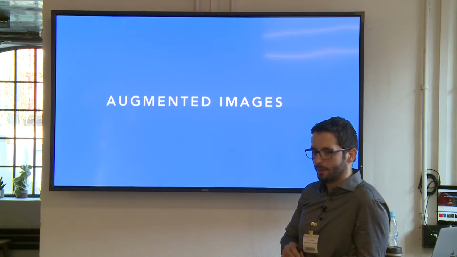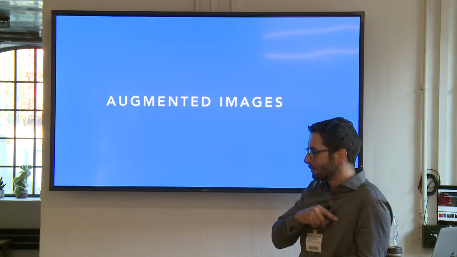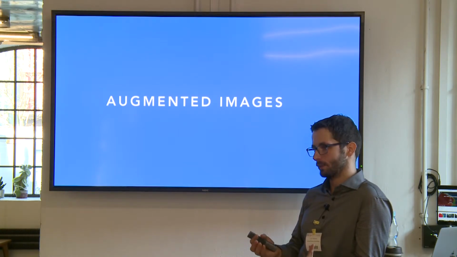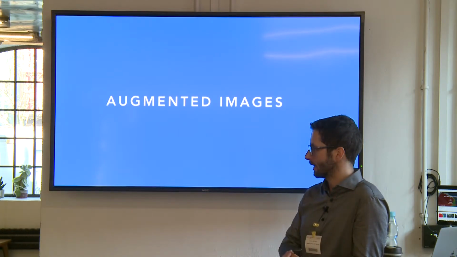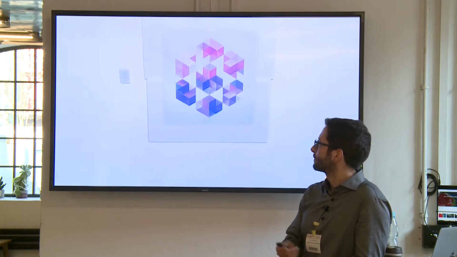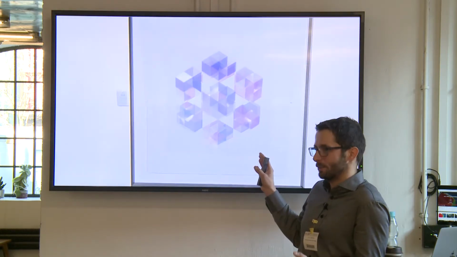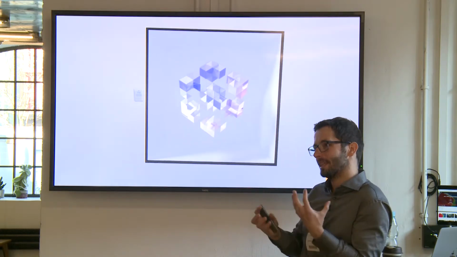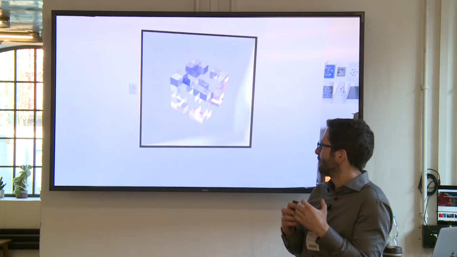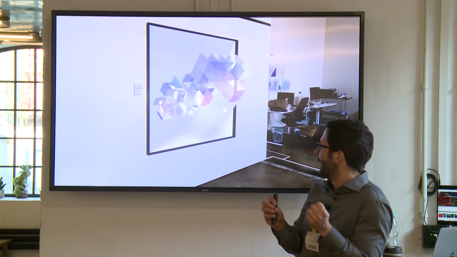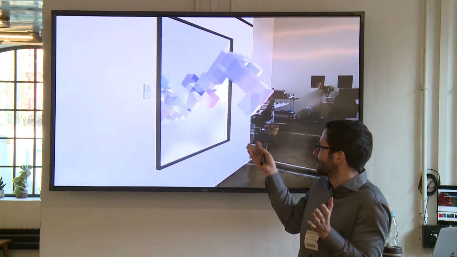Okay, a little bit about augmented images, because I was worried that it would not work. I use my own augmented image, which is the back of my business card. If you use something like a poster, which has very big and distinguishable features, then you can create something like this.